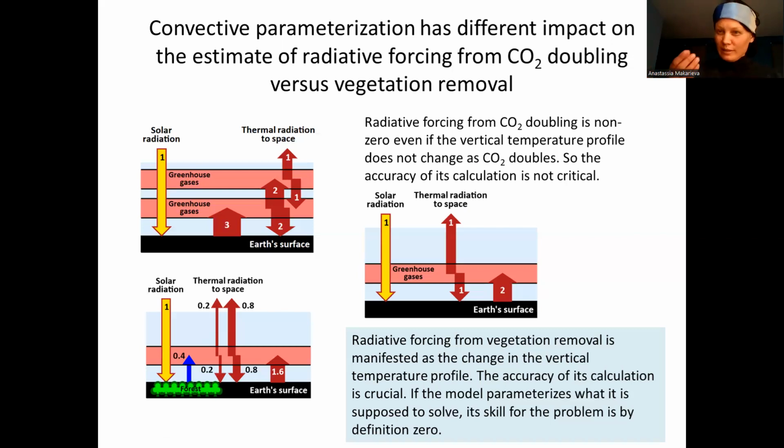So this is just some more details to my statement that CO2 doubling and global cooling from plant transpiration are different problems for which global climate models have fundamentally different skills.